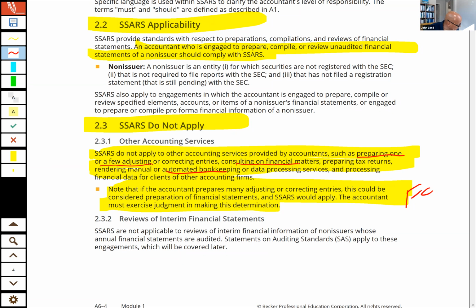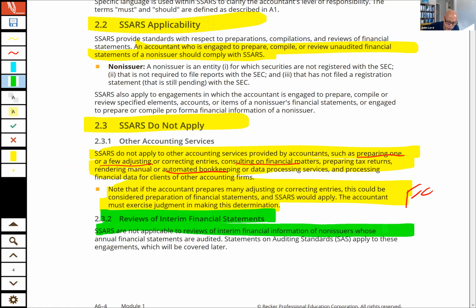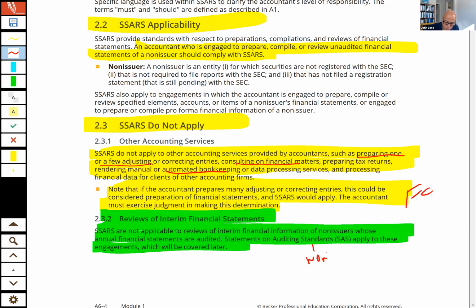Okay, coming down, review of interim statements, and as I've already mentioned, when we do reviews, if it's a non-public company, we'll follow SAS, that's for non-public. If it's a public company, they put us back under the PCAOB standards for public company.